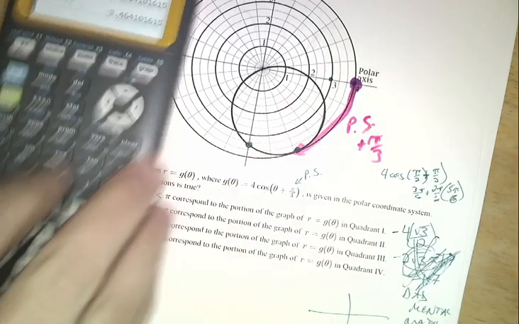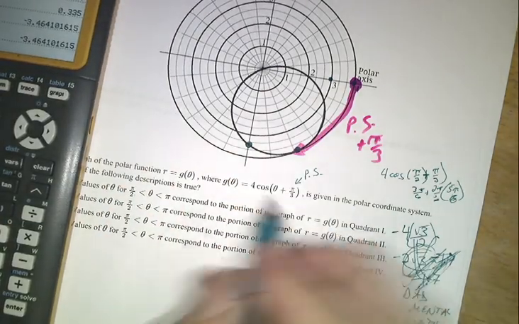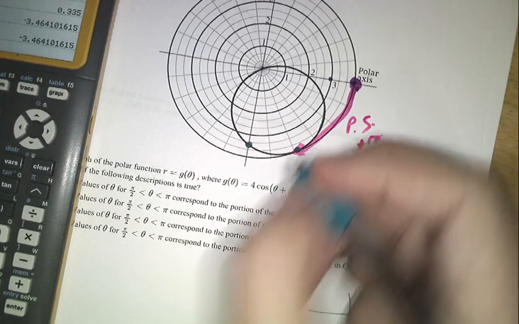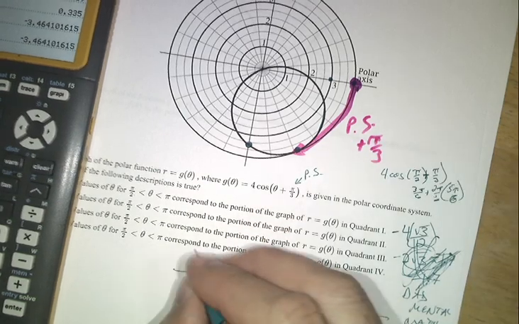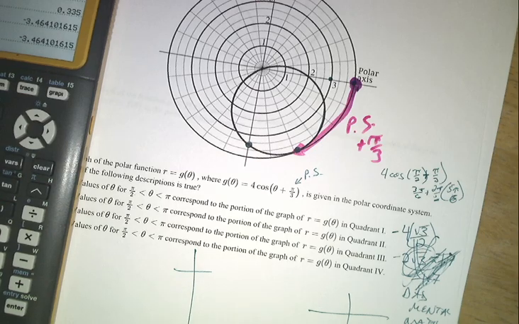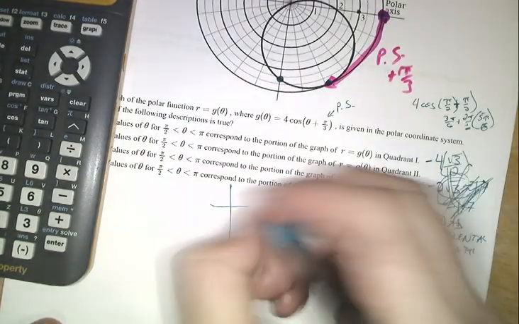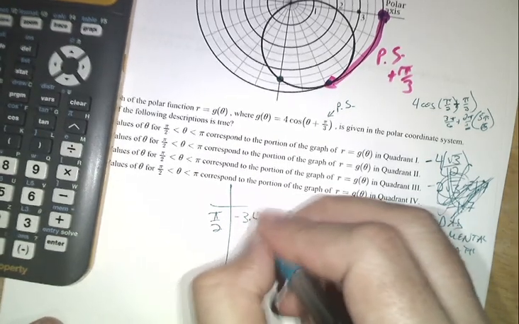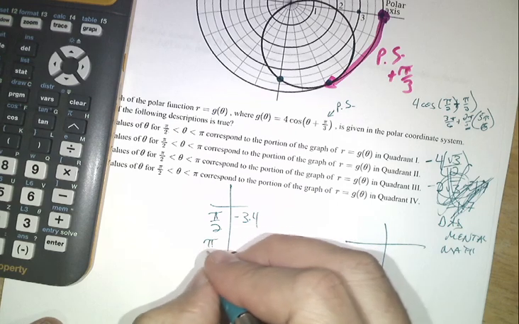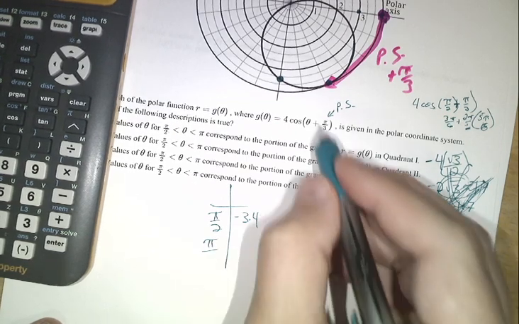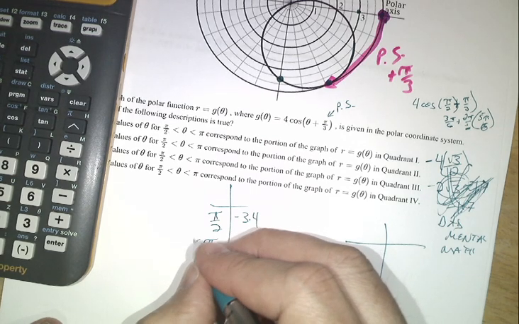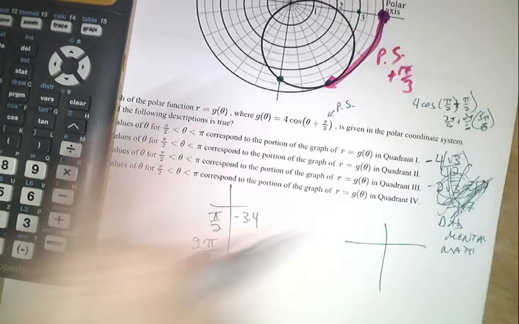Okay. So we're going to use this from now on for this one. So that goes right there. And then let's plug in pi over 6. Pi over 2 came out with a negative 3.4. What's after pi over 2? 2 pi over 3 would be the next section here.